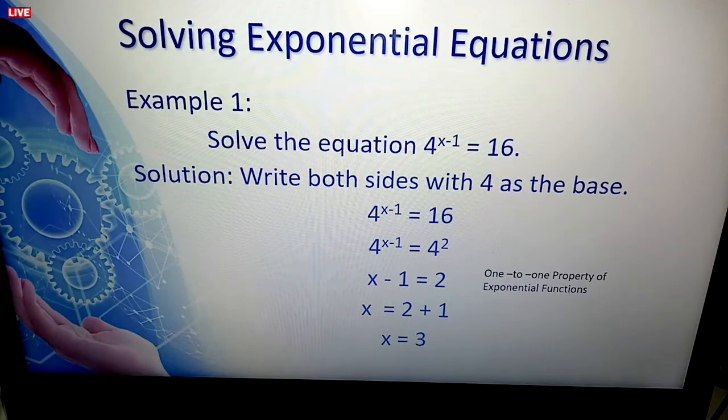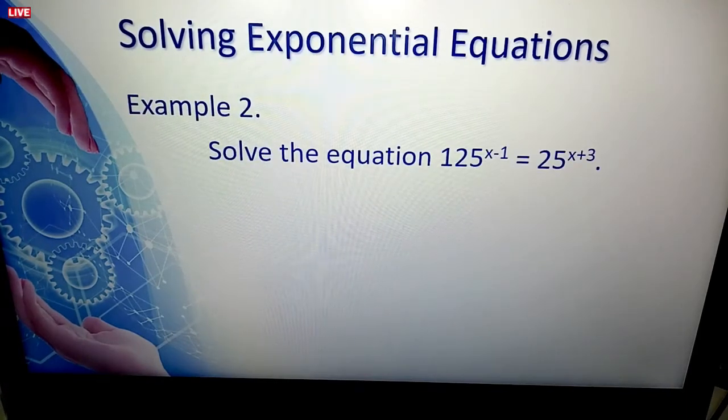Another example. Example 2. Solve the equation 125 raised to x minus 1 equals 25 raised to x plus 3.